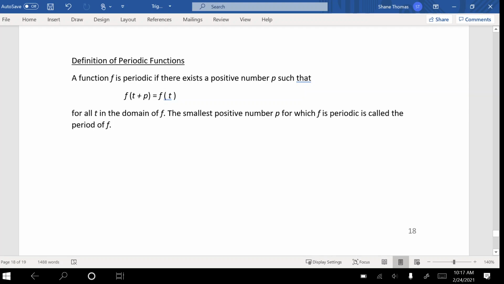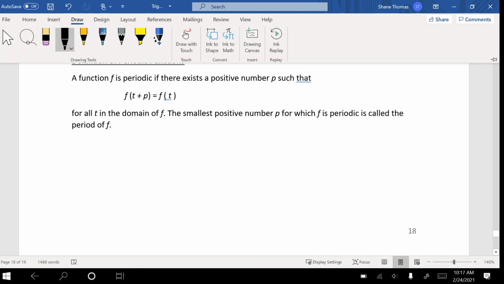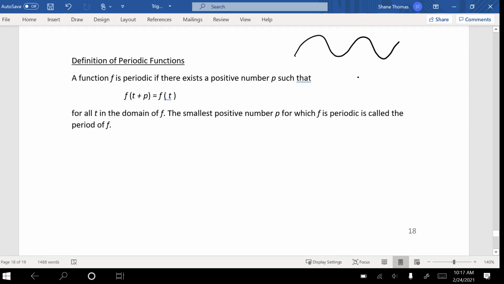That's pretty much what this is. So a periodic function, roughly your sine function, if you graph it out, which we're going to do in the next chapter, goes like this. So it's the same function repeated over and over and over again.